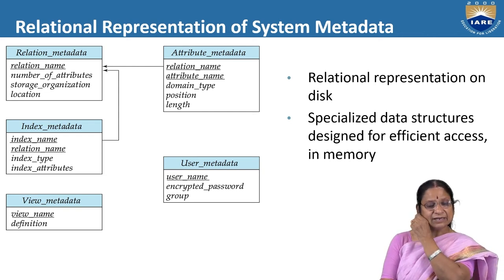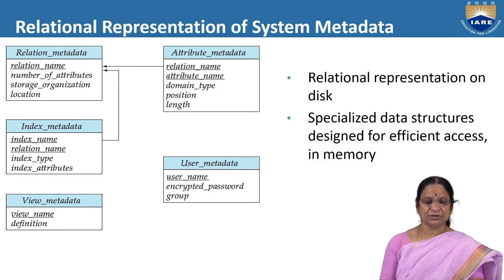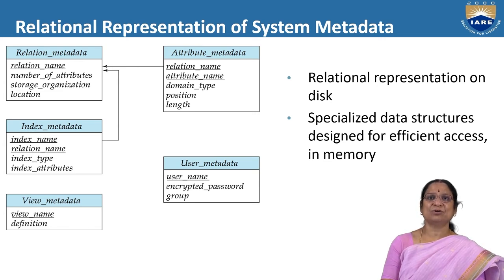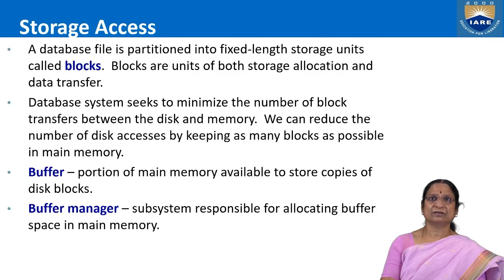In the relational representation, you observe relational metadata, relation name, etc., index metadata, view metadata, attributes metadata, users metadata, and so on. Those have connections among themselves as in a relational database management system, so that multiple tables are considered whenever some data is requested.